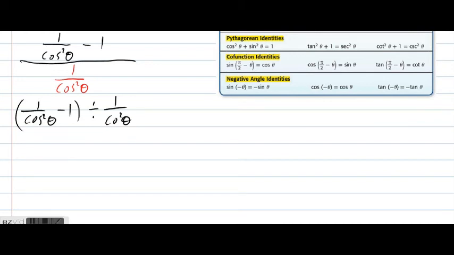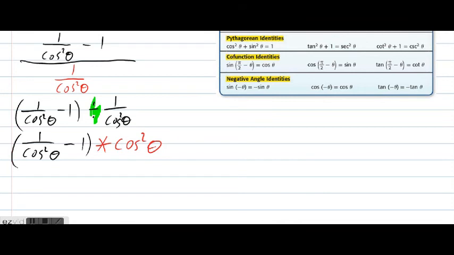And we know that we cannot divide by a fraction. So I have 1 over cosine squared of theta minus 1, all of that times cosine squared of theta. Apparently I forgot the squared there.